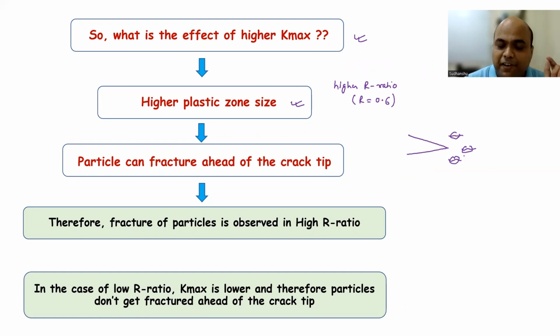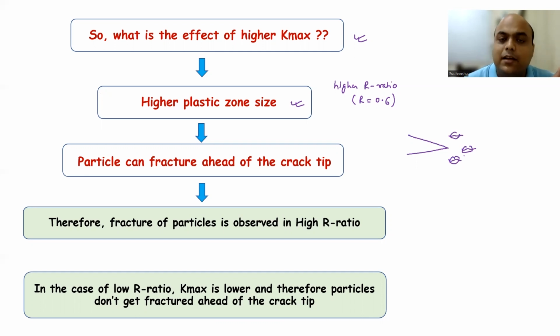And this fracturing of the particles is going to be observed predominantly at high R ratio, right? In low R ratio, your Kmax is going to be lower. That means particles are not going to get fractured ahead of the crack tip.